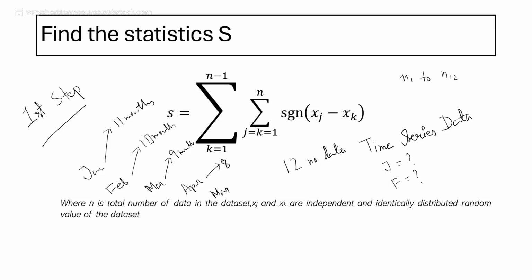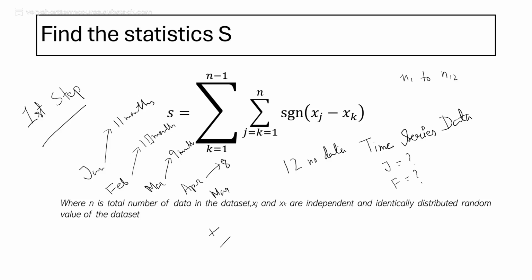So what will happen is, after you have compared all this data, now very minutely, if the data is greater than your data, then put a plus. If the data is less than your data, put a minus.